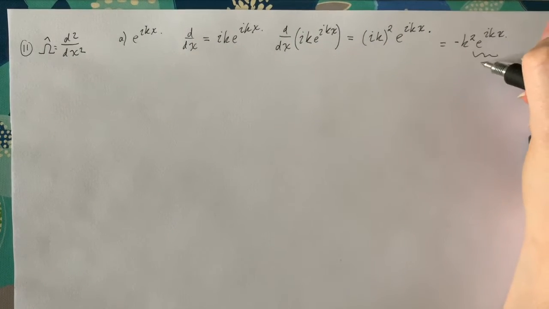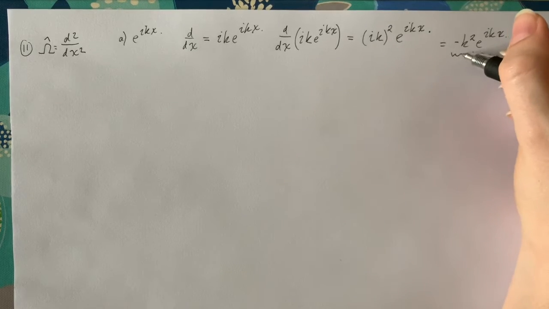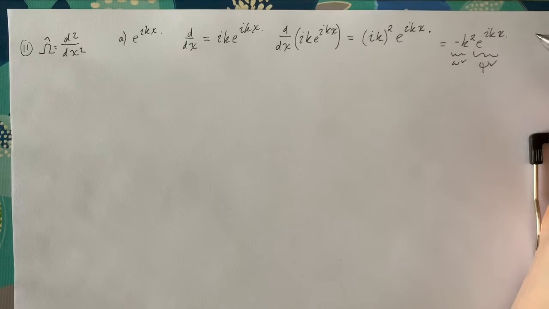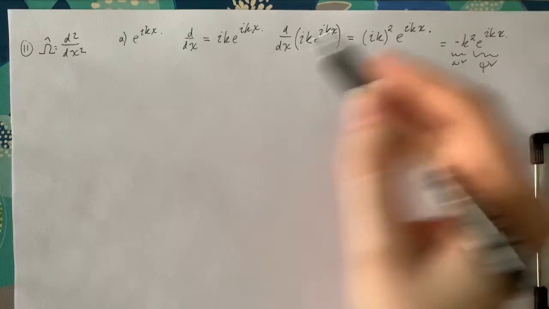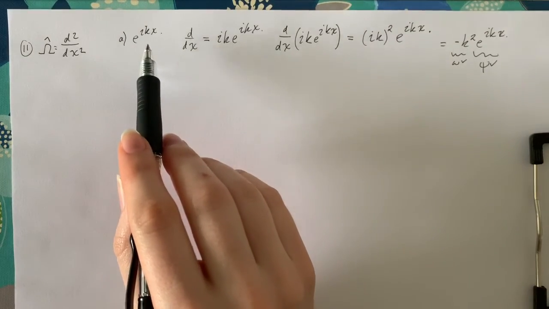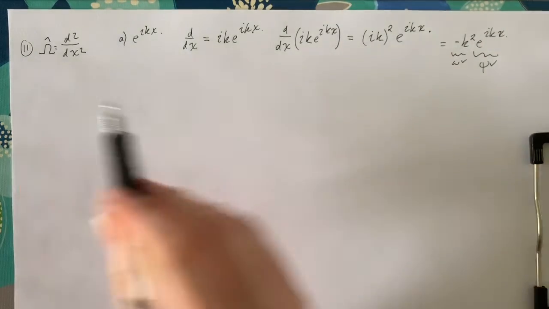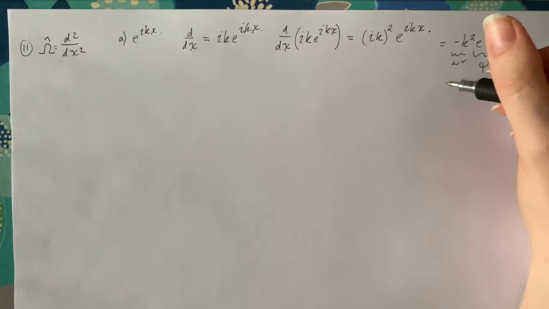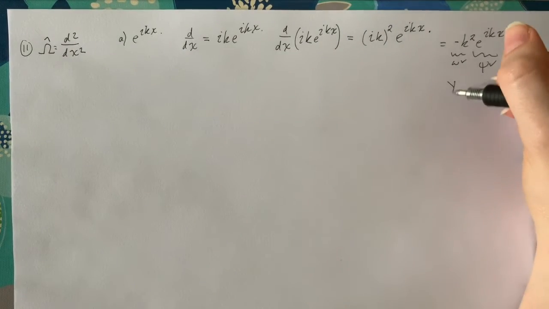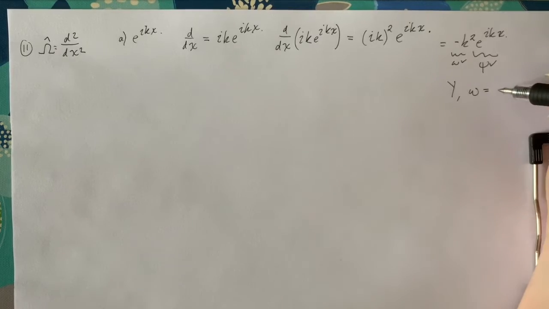So here, we get the wave function back, and we get a constant. So this function is an eigenfunction of the second derivative operator. So I'll write yes, eigenvalue is minus k squared.